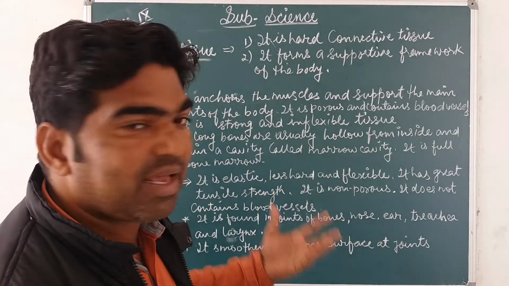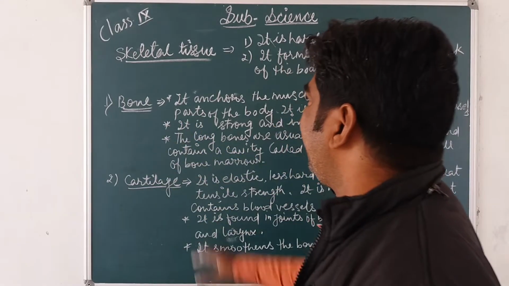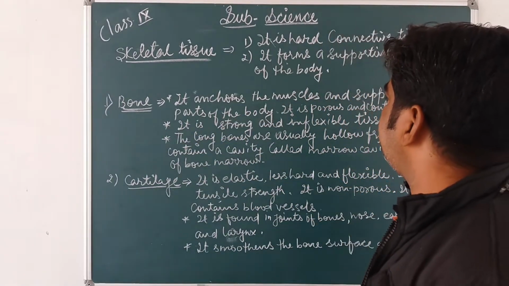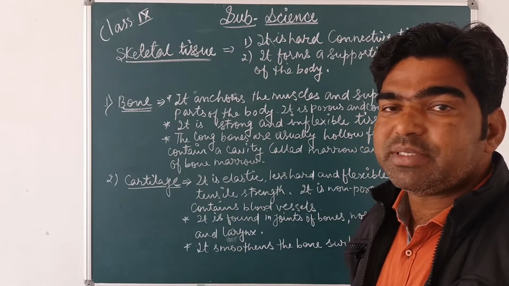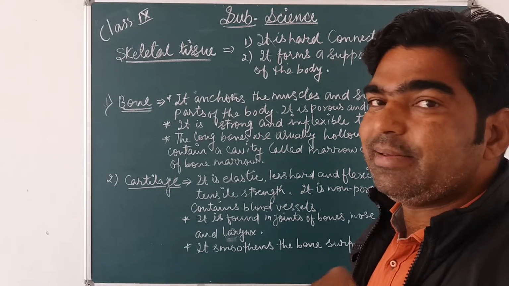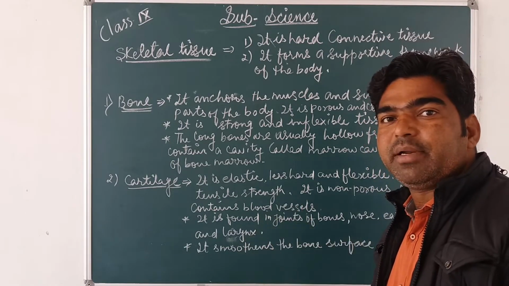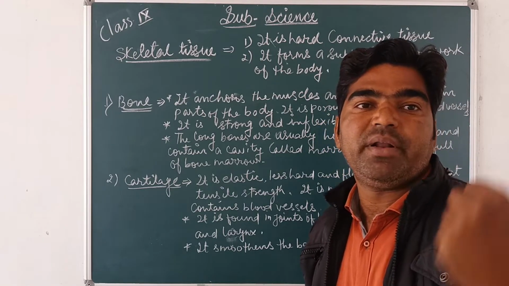Now first we are going to discuss bone. Bone anchors the muscles and supports the main parts of our body. Due to this anchorage, we are able to move our body parts.